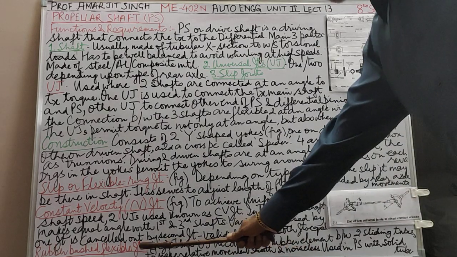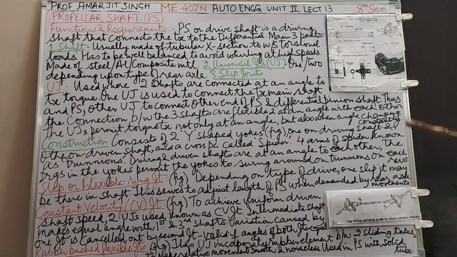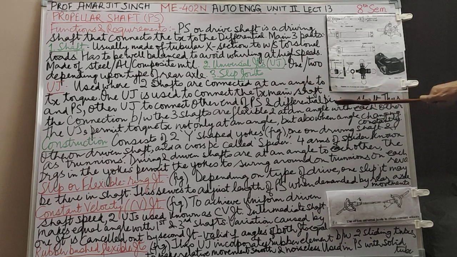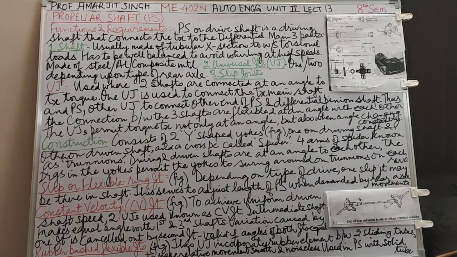Then we come to the rubber bushed flexible joints. Rubber bush, this is used on a solid tube propeller shaft. On top of the solid tube, there is another tube, and there's a rubber element inside too, so that there is no noise, and the operation of the sliding joint is smooth without any noise.